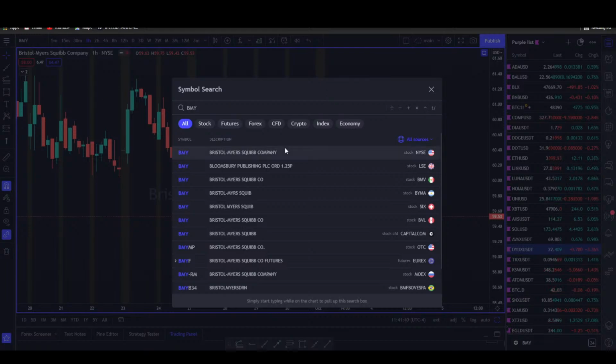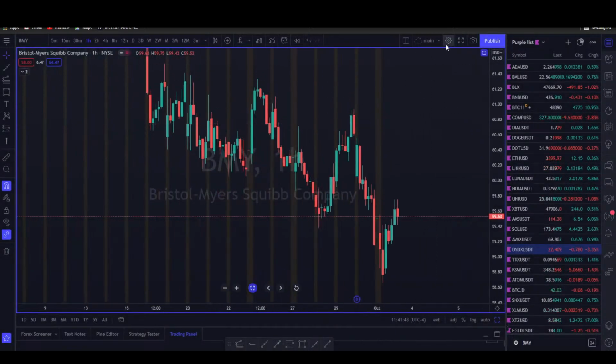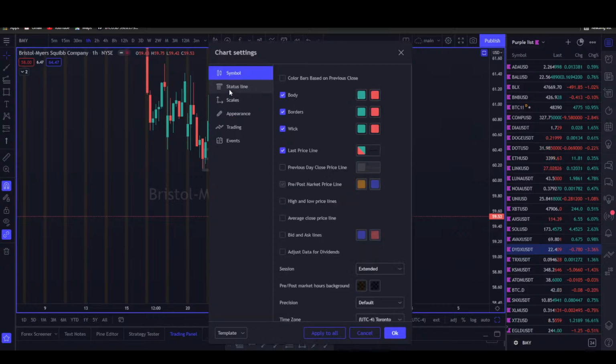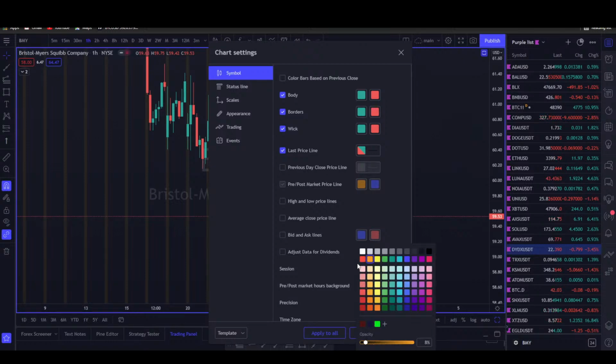All right. First, I've got to turn this off. I can't stand intraday data. I don't remember how to do it actually. Where is pre and post market data? Here we go. There it is.